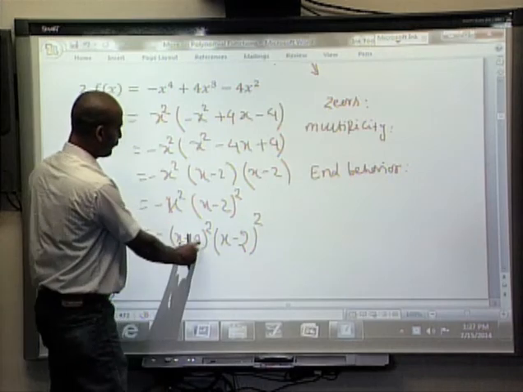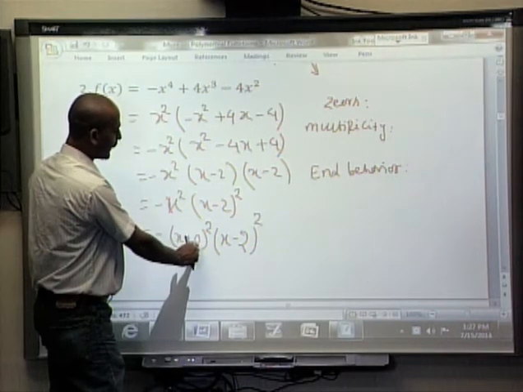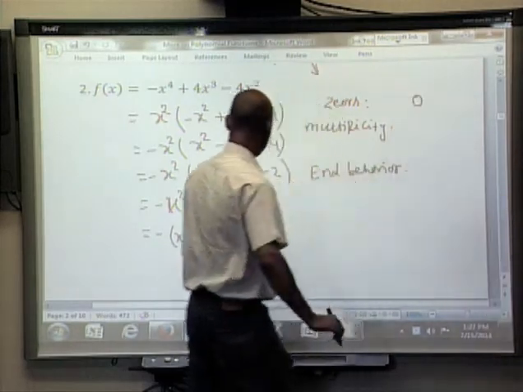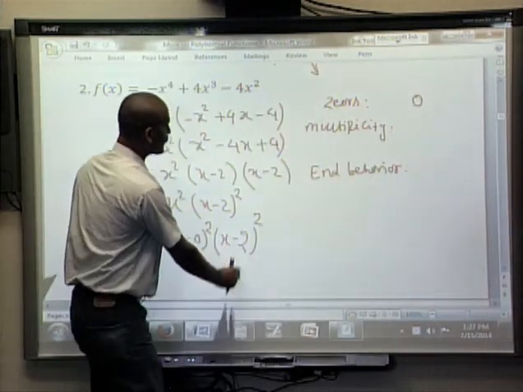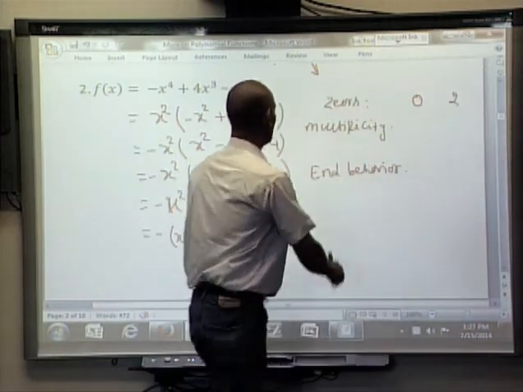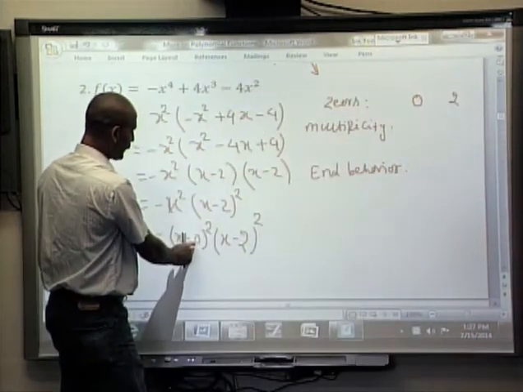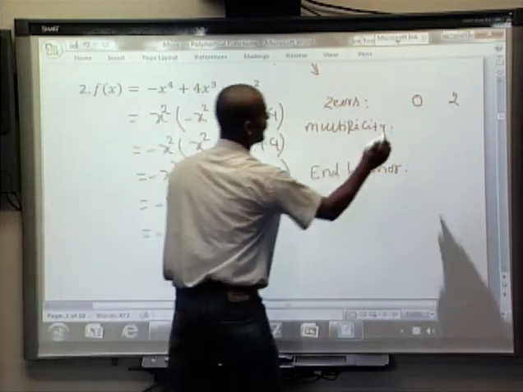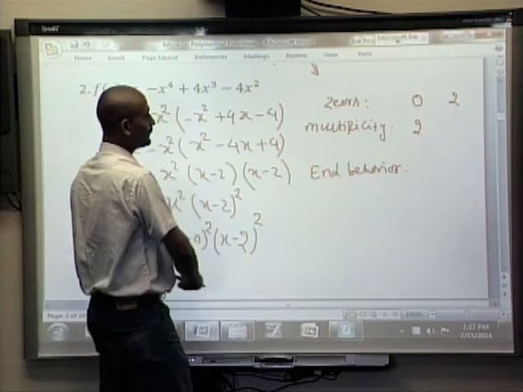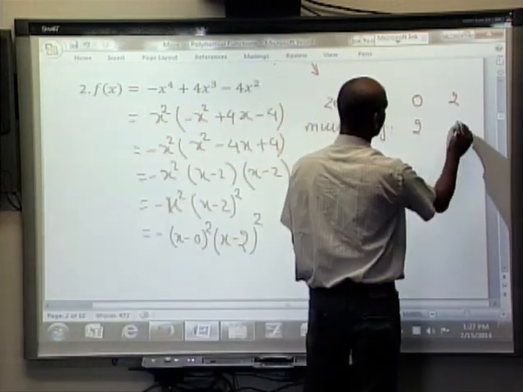Zeros of the polynomial will come out of the factors. x minus 0 is one of the factors, so one of the zeros should be 0 itself. x minus 2 is another factor, so another zero should be 2. The exponent of the first factor containing 0 is 2, so the multiplicity of 0 is 2. The exponent of the factor containing 2 is 2, so the multiplicity is 2.